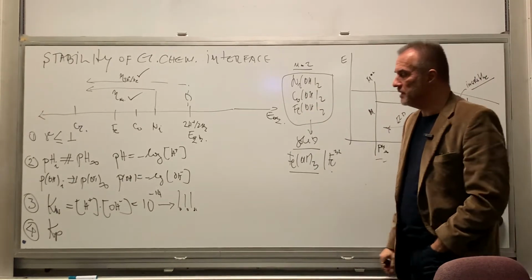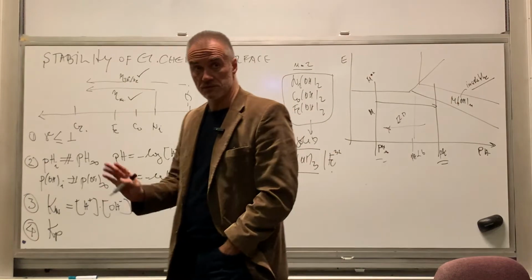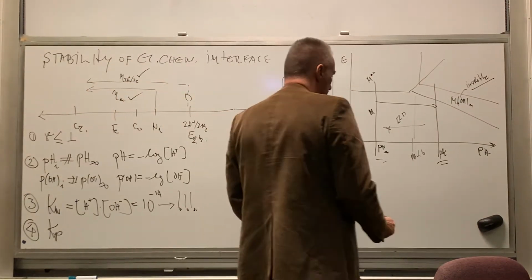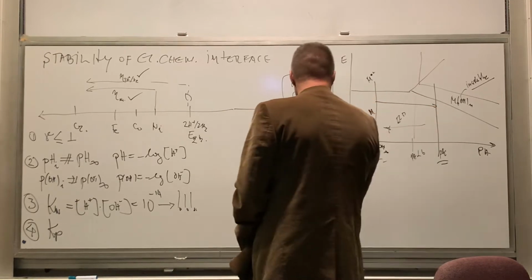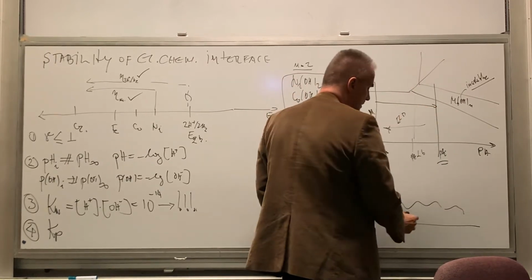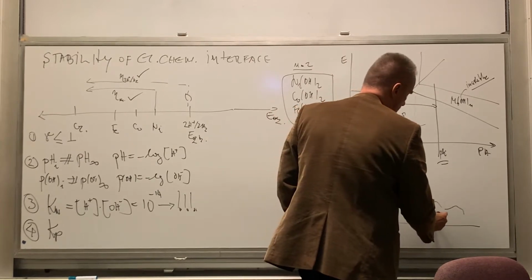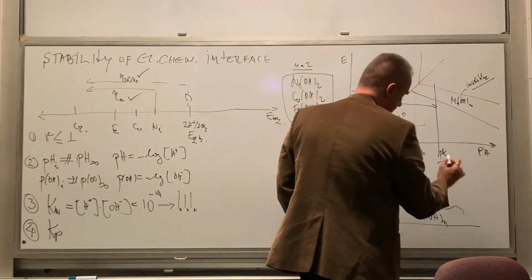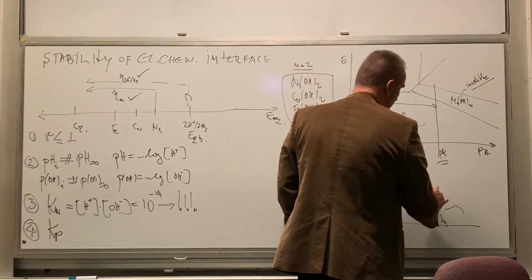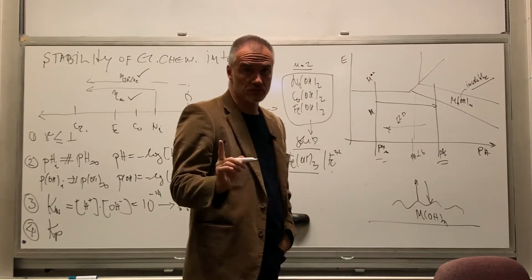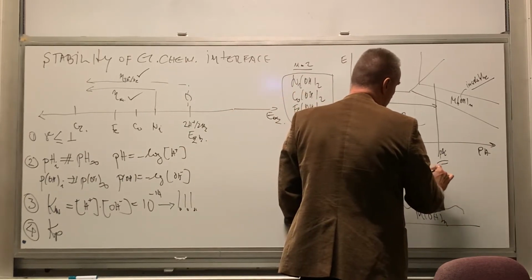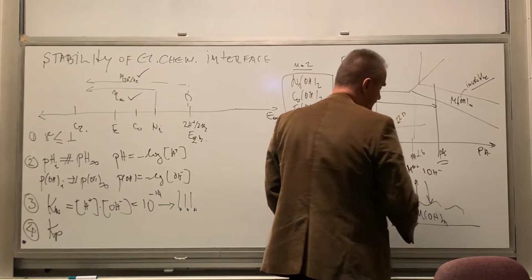Now, what that really means, if you think about product of solubility, is a very simple thing. If you refresh your general chemistry, let's say I have some precipitate of metal hydroxide, and it's in equilibrium with its ions in the solution, which is Mn plus, and here is OH minus.